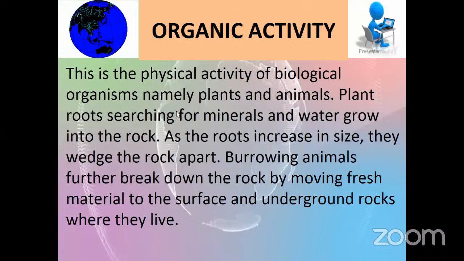Thank you. That is okay. So here, remember in the other sessions, we have been looking at the influence of living organisms in regard to weathering. This is because of plants, animals, basically living things causing physical weathering.